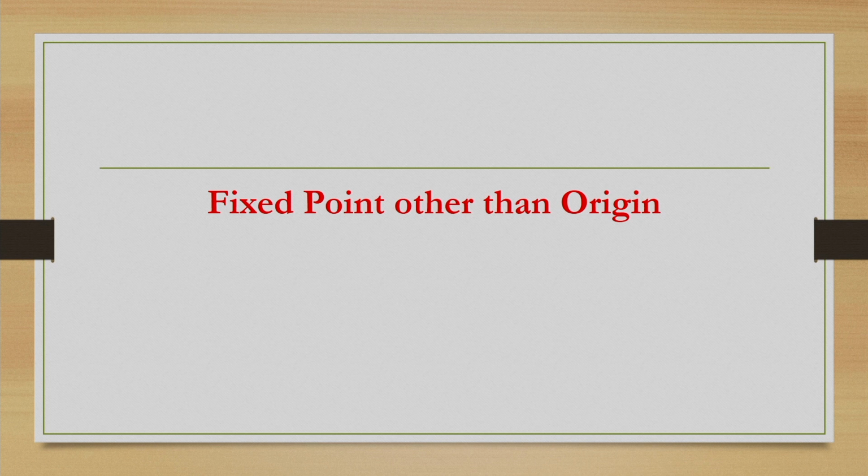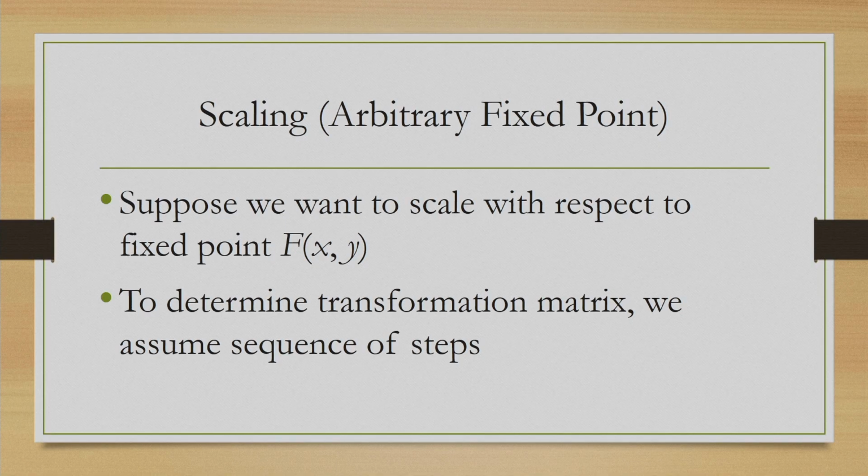So, our approach when we are considering a fixed point which is not the origin is slightly different. Let us see how it is different. Suppose there is a fixed point f and we want to scale with respect to this fixed point. Now, this is not the origin, this is situated at an arbitrary location.